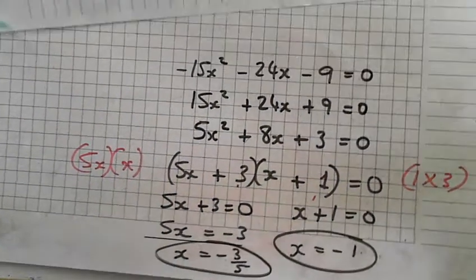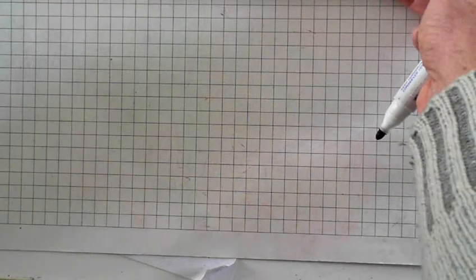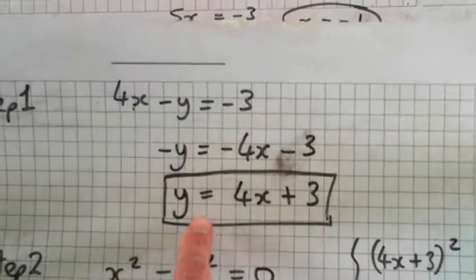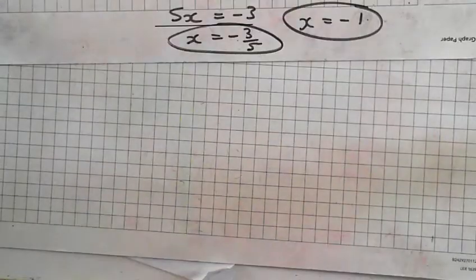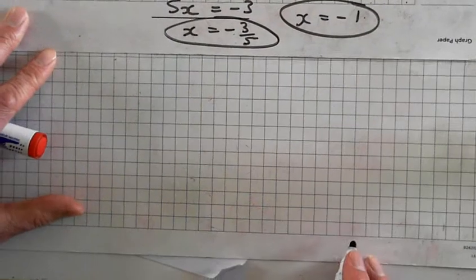Now step 2 done. Step 3 is to write down your rearranged equation. See that? Y is equal to 4x plus 3. You use your rearranged line equation twice.